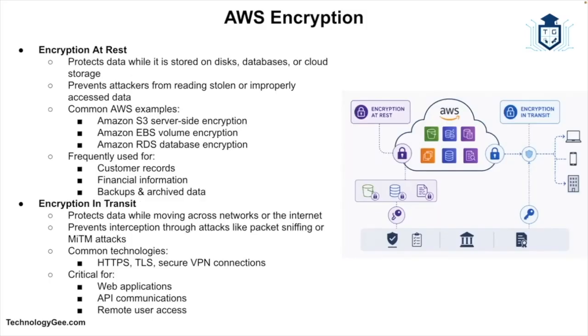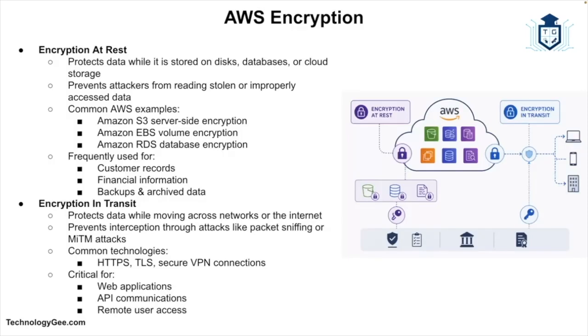All right, so encryption, this is one of the biggest benefits of cloud security. In AWS, you're going to hear two main terms. The first is encryption at rest. And this basically protects data when it is stored, like in a database or some storage service. And you've got examples like Amazon S3 encryption and Amazon EBS encryption. And then there's encryption in transit, and this protects data while it's moving across networks.